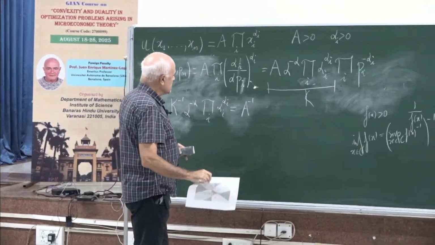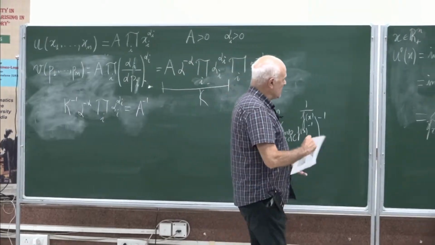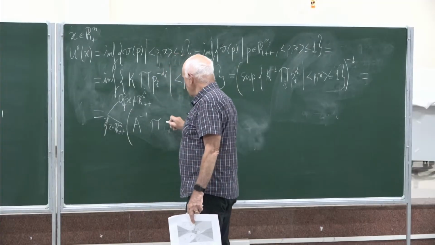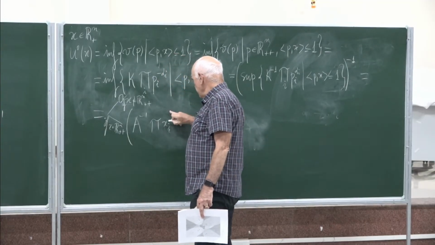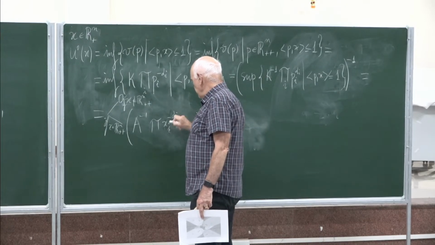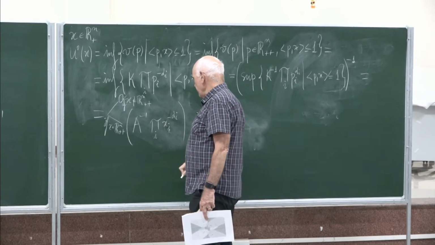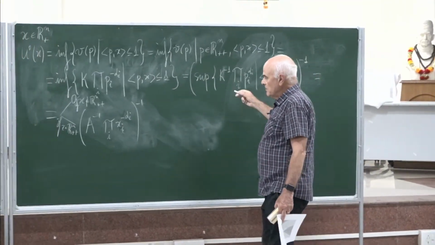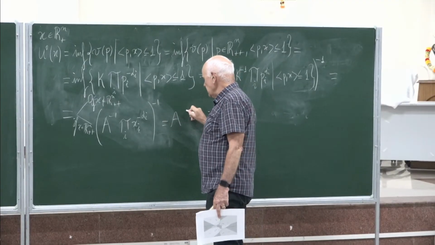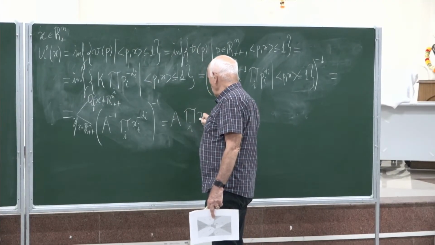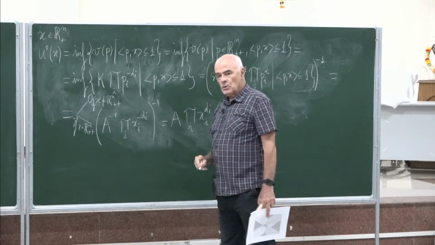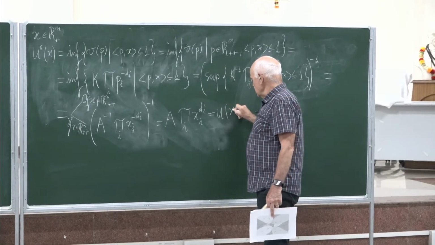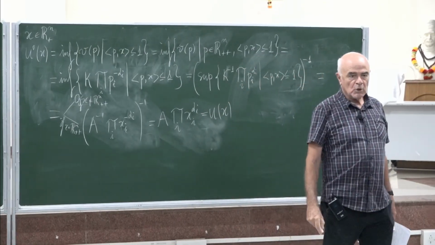And then what else? This product, but now with xi instead of pi. And this is to the power minus 1. So what I really get is a times the product over i of xi over alpha i, which is our Cobb-Douglas.